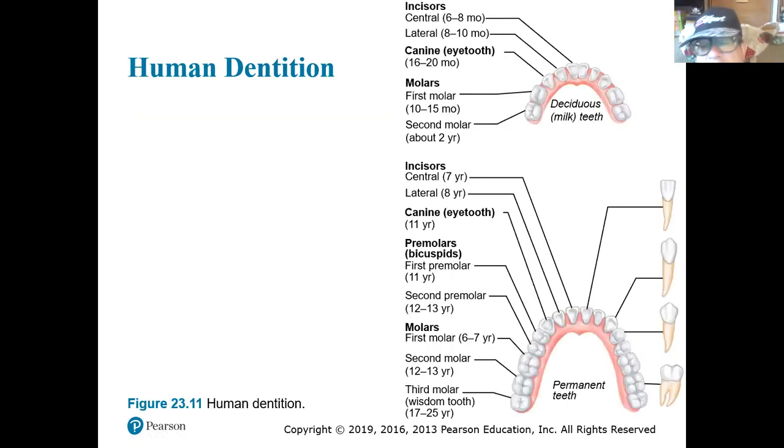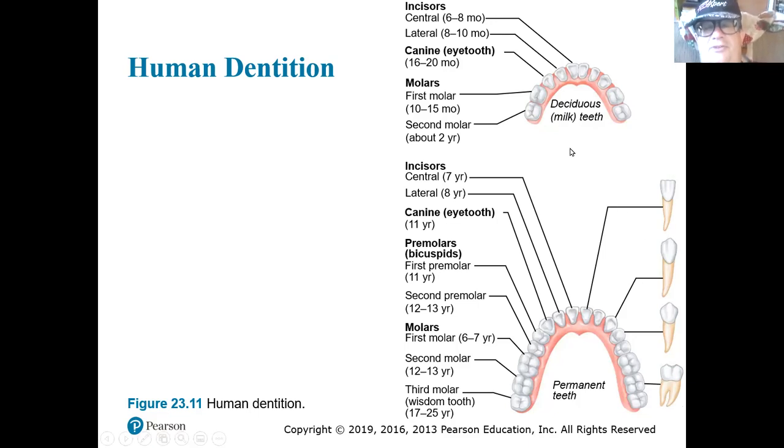All right, human dentition. We have the deciduous teeth, baby teeth, and then we have the permanent teeth. Permanent teeth you can see there are 2 incisors, 1 canine, 2 premolars, and then 3 molars, assuming that they come in. In all honesty, the last one, the wisdom tooth on each side, it may not come in because we may surgically extract it beforehand.